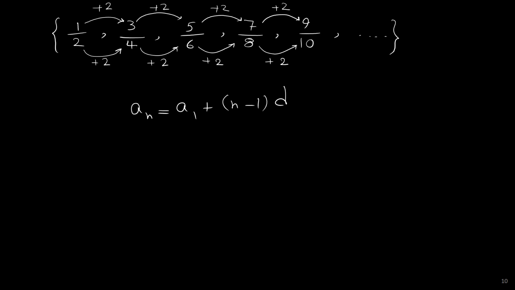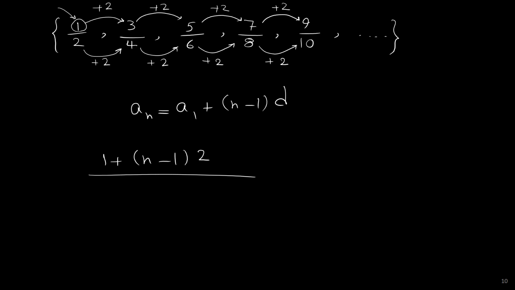The general term of this sequence can be written in this form: a sub 1, which is the first term of the numerator. The first number in the numerator is 1, plus n minus 1 times d. The common difference is 2. And for the bottom we can also use this formula.